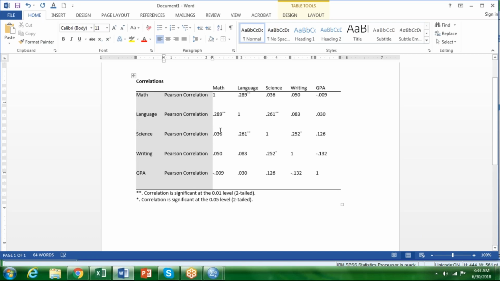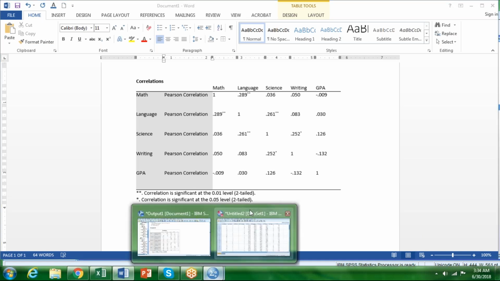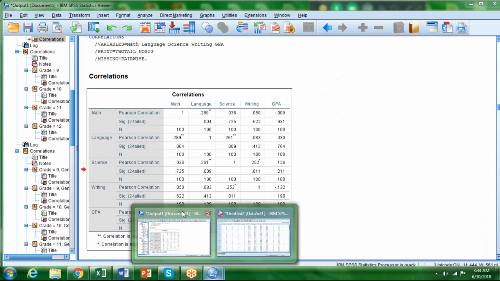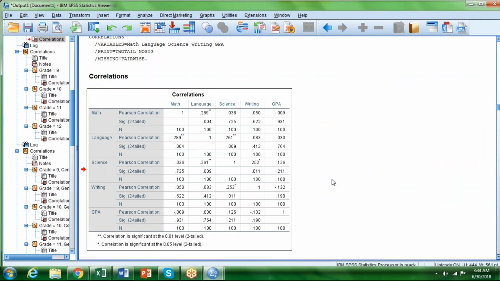Bivariate, math and science, math and writing, math and GPA. So we can go back to the SPSS page, look at the variable, look at the data view. Where's our output page? Here it is. Go back to our output, and there we are.